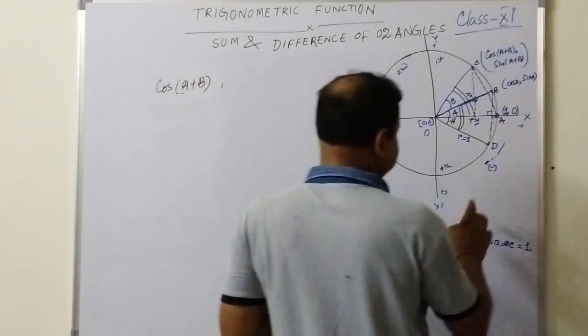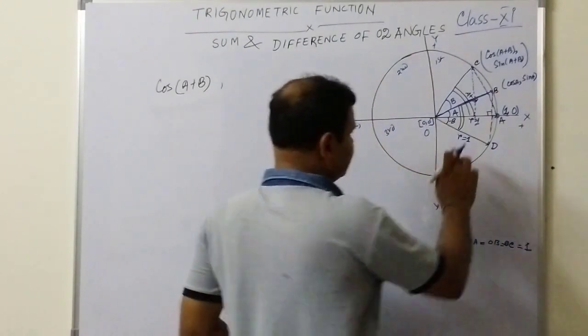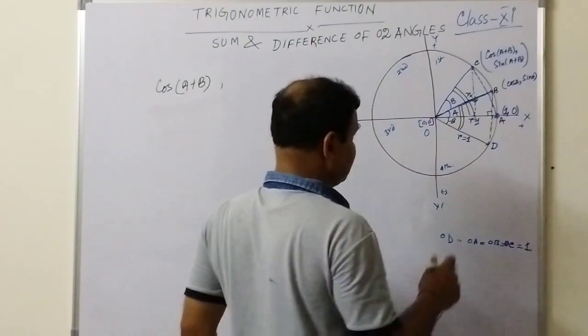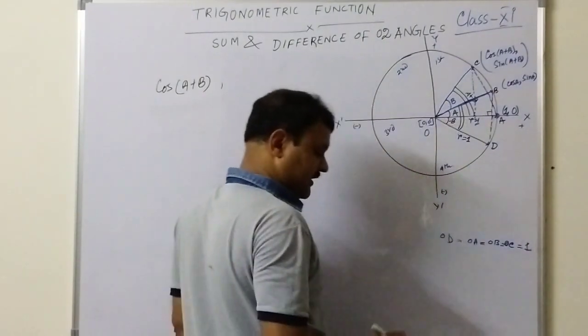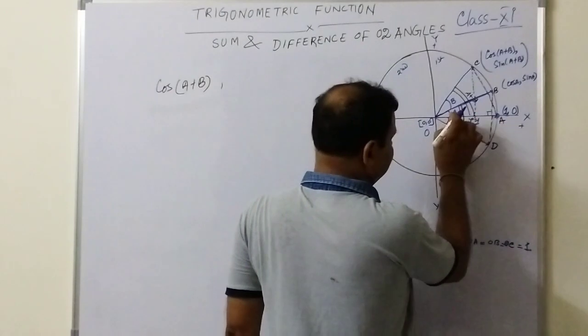Okay, similarly point D, it moves back to angle B. So this will be how much? Again this will be cos, because this is the angle.